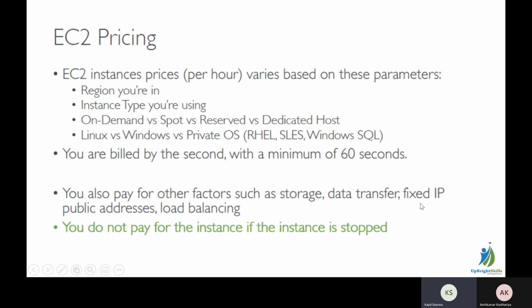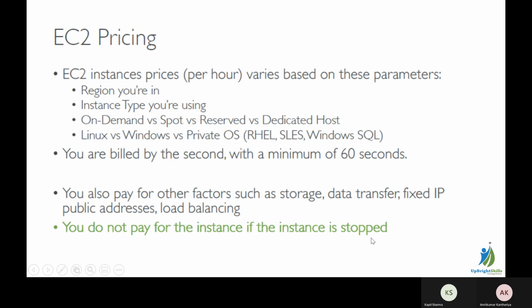Fixed IP, as we saw yesterday, if you want an Elastic IP, then it will be charged. Public addresses too. If you attach a load balancer, then again it will be a chargeable solution. You do not pay for the instances if the instance is in a stopped condition.